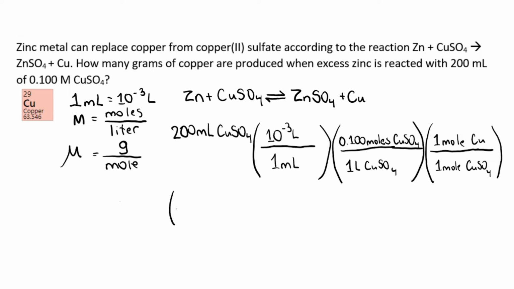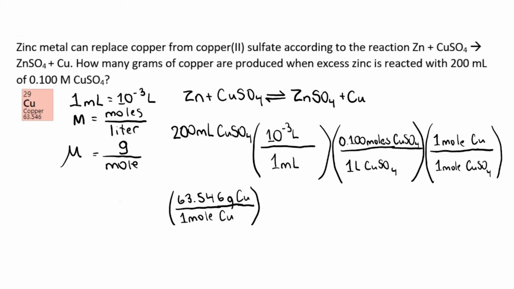All right, so for every 1 mole of copper, we have 63.546 grams of copper. Now we have all of our conversion factors we need to go from milliliters of copper sulfate to grams of copper.